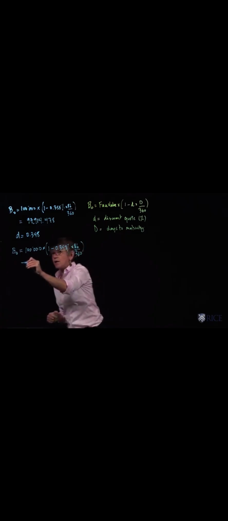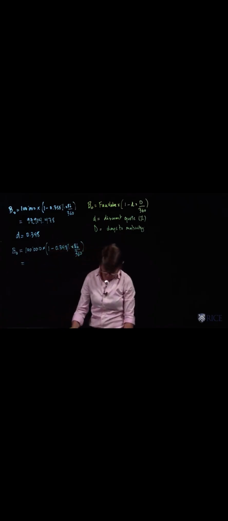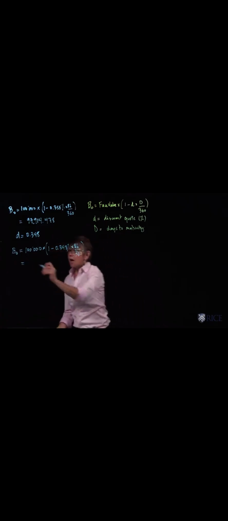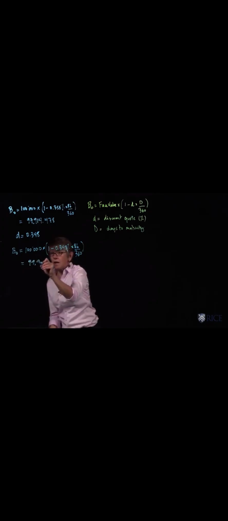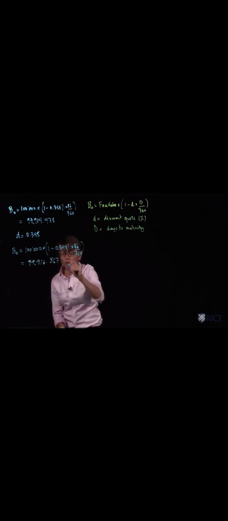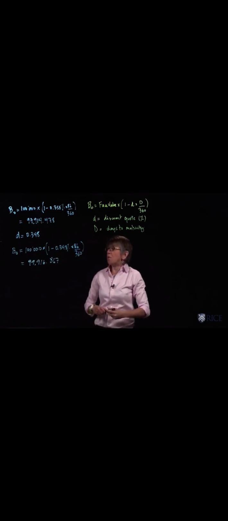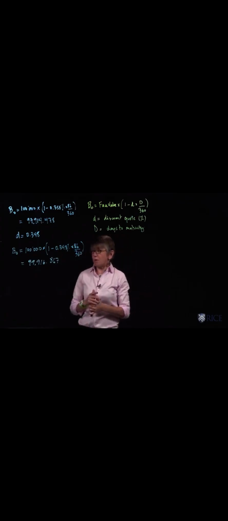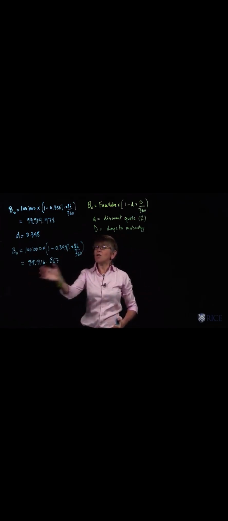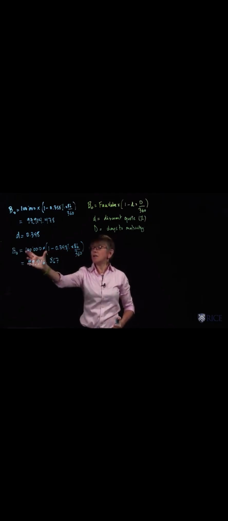And what you find is 99,916.867. So what does that mean? Right? You would buy the treasury bill for this price, hold it for 86 days, and you would receive the face value of $100,000.